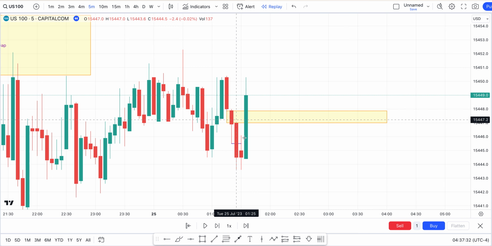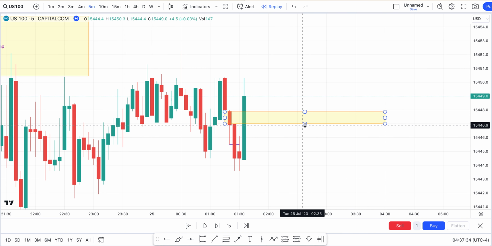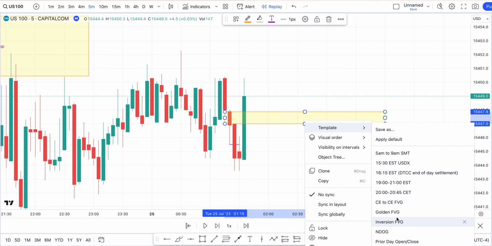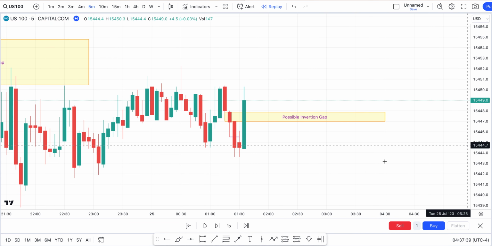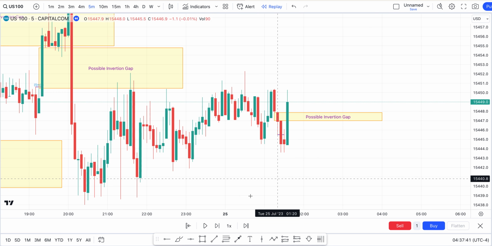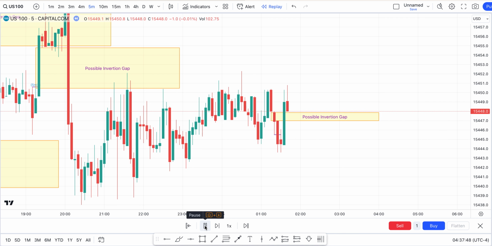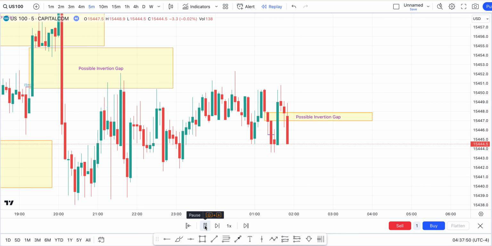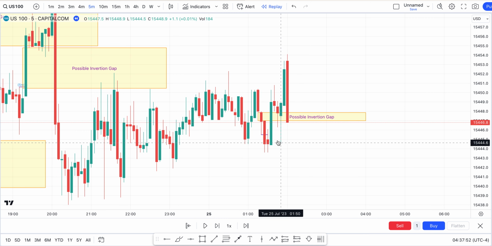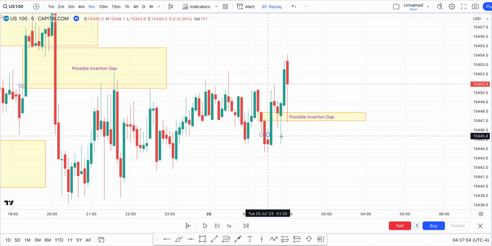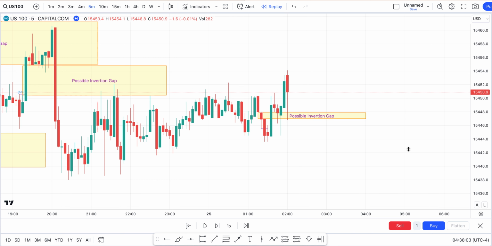This is how it was taken out. Now let's look at the reaction if there is any. Okay, it gets invalidated here. At the end of the day, it returns back into the inversion fair value gap and moves away.